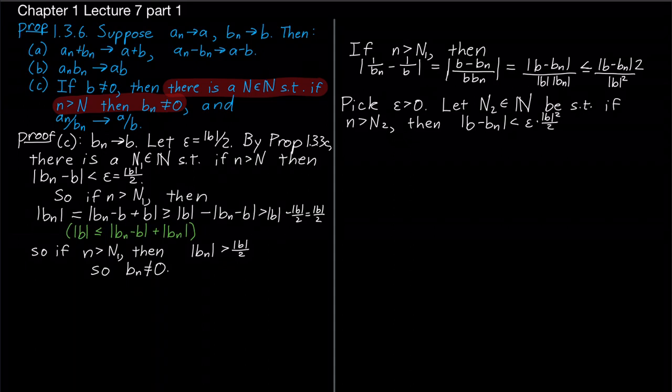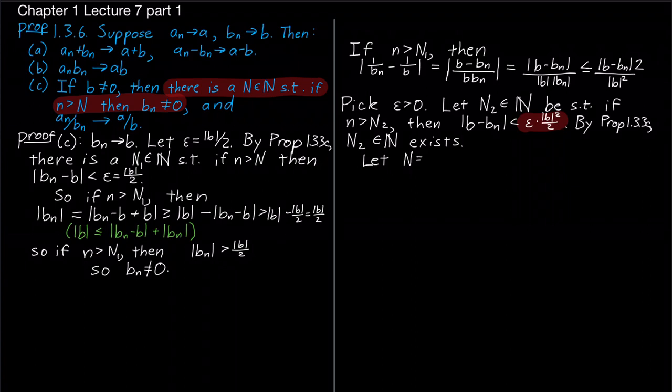Because B is positive and epsilon is positive, our whole right hand side is a positive number, and so we can just use proposition 1.3.3c. This thing exists and is a natural number, and we let big N be whichever is bigger, N1 or N2.